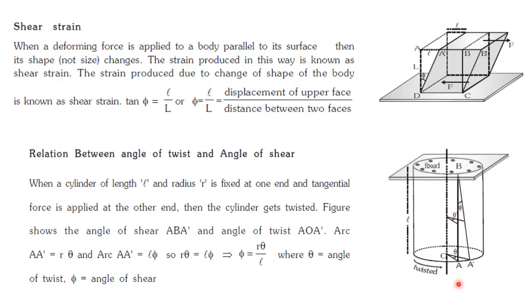And the angle of twist, A O A dash, is denoted as theta. What is their relation? If you calculate the arc A A dash, you get R theta, and if you calculate the arc in terms of phi, you get L phi. If you equate them, you get phi is equal to R theta by L, where theta is the angle of twist and phi is the angle of shear.